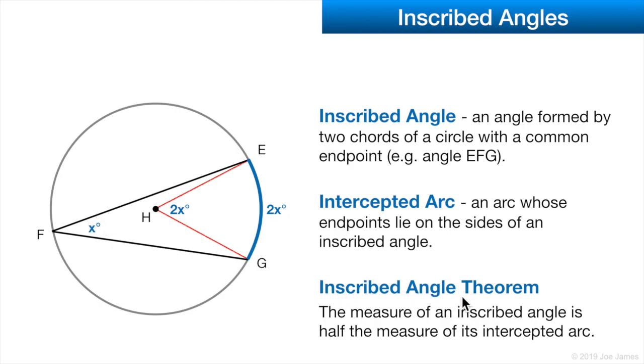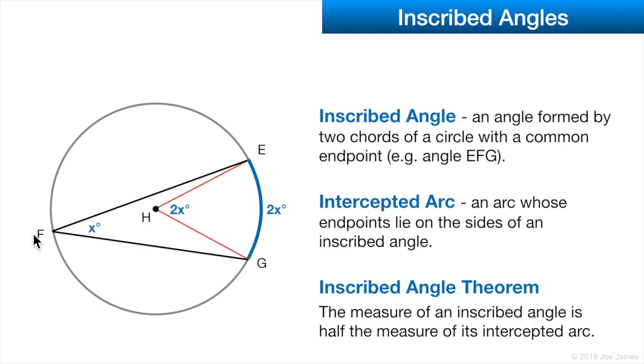So what does the inscribed angle theorem say about the measure of arc EG? It says it is 2 times bigger, 2 times x degrees. So if angle F is x degrees, arc EG measures 2x degrees, which means that a central angle coming from H, the center of this circle, is going to have a measure of 2x degrees, or 2 times bigger than this angle.